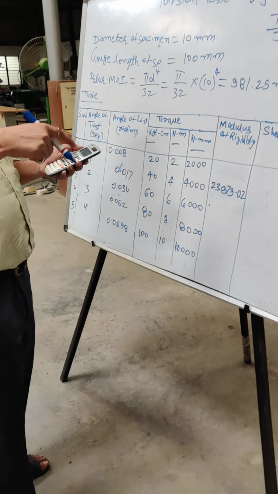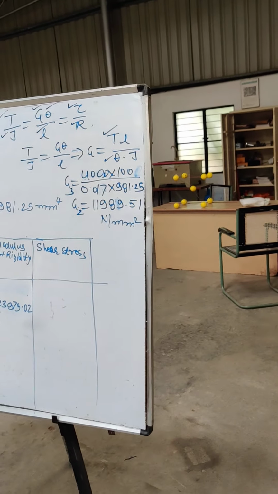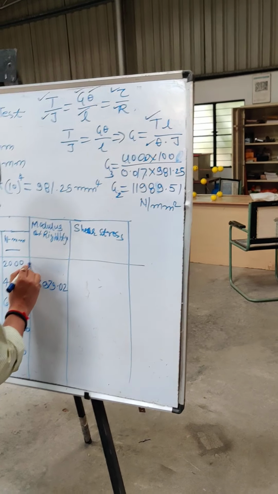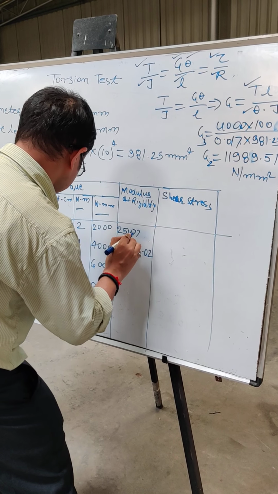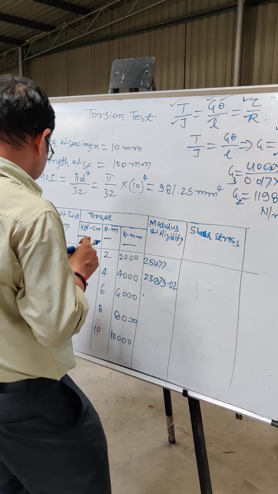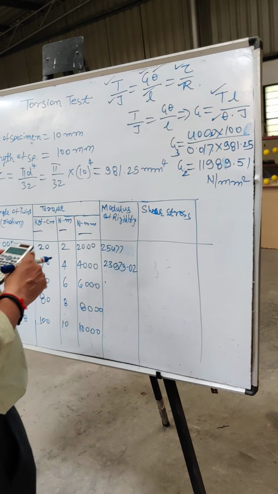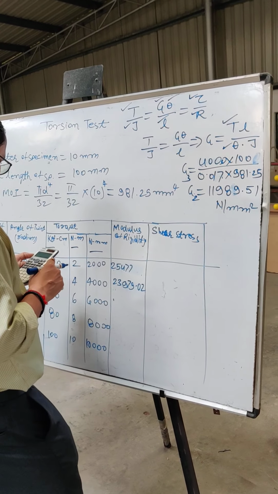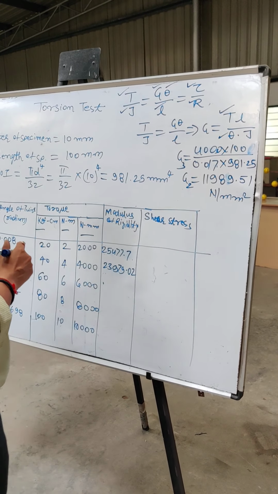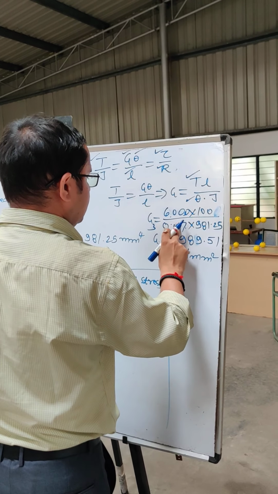So 981.25. So it is 25477. And for the next reading we have to do 6000, and here 34.